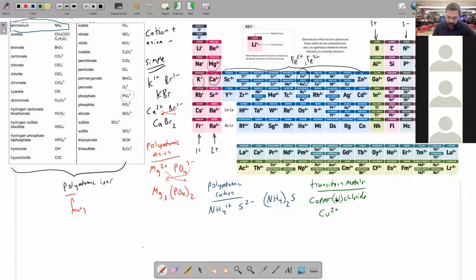That's all that the number in Roman numerals means. And then chloride is right here, that's Cl1-. The formula is CuCl2.